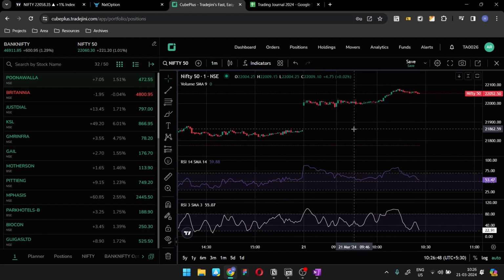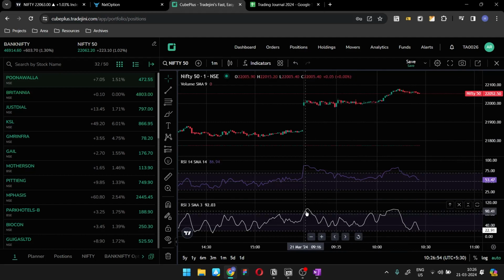So now, this will tell me whether the market is bullish or bearish. If it goes above 80, it is a bullish market. So from here, it is a bullish market. If it does not get oversold, meaning it does not go below 20 and sustain, then the market is still bullish.